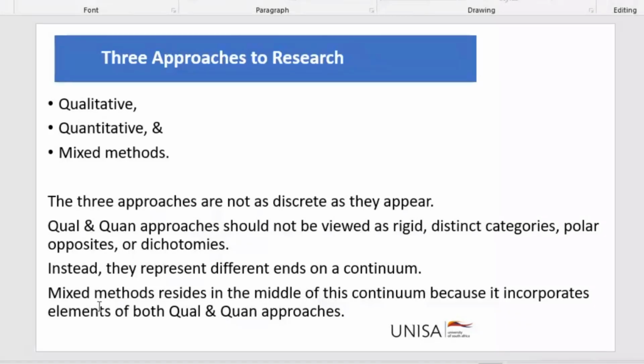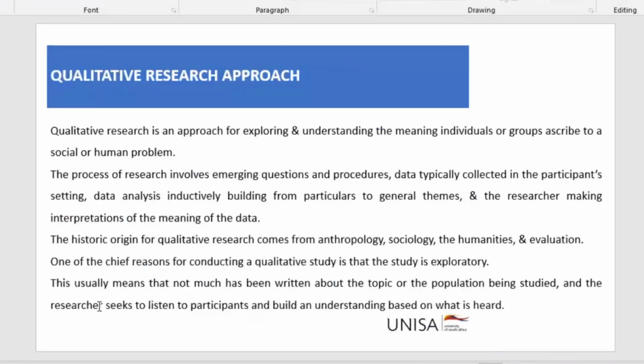Okay. Now, since we have already spoken a little bit more about the different approaches, I hope you can still see the slides. What I find easy for students is that you need to pick the method that you feel goes with you. Each individual has a particular strong point.